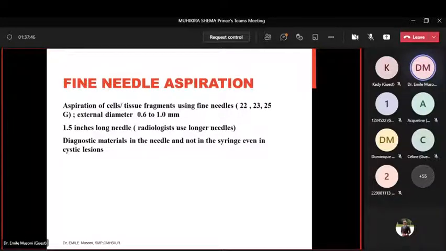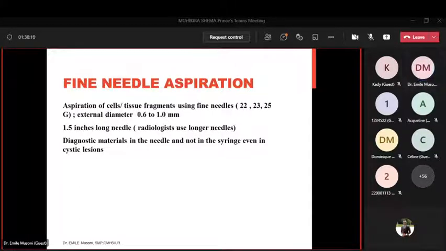There is what we call human papilloma virus, which is classified as a sexually transmitted disease. Cancer of the cervix is most of the time due to HPV, human papilloma virus. This can be found in both male and female.